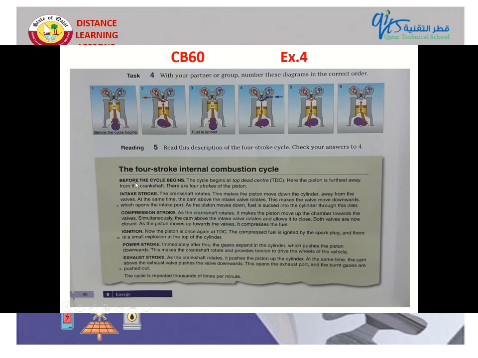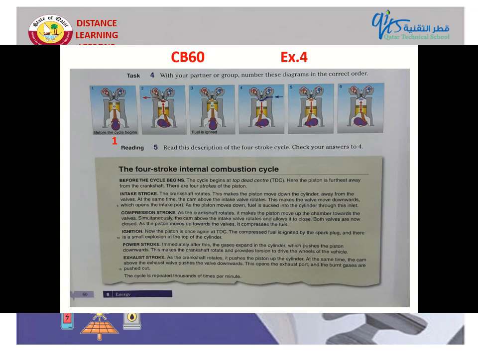Here we have before the cycle begins. Well, number one is pretty easy because look at this number one. It's already written before the cycle begins. So picture number one is the first diagram.